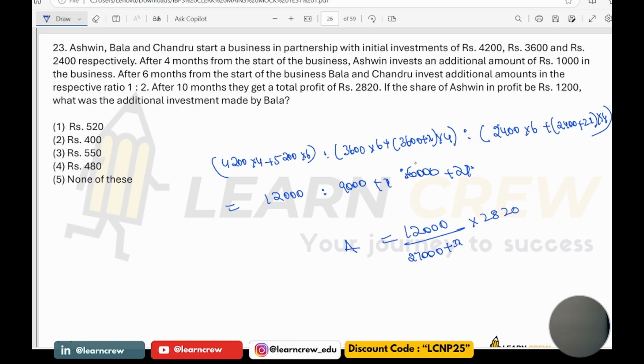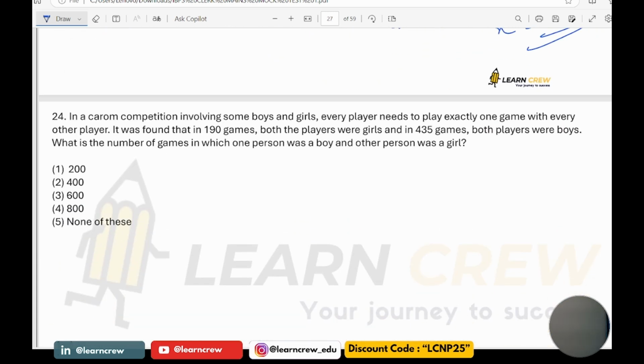If I simplify this, 27,000 plus 3X is equal to 12,000 divided by 1200 into 2820. So from this I got X is equal to how much? 400. So the answer is 400.